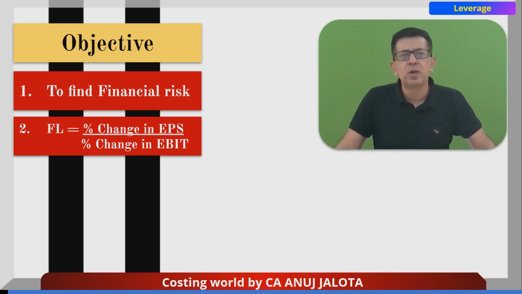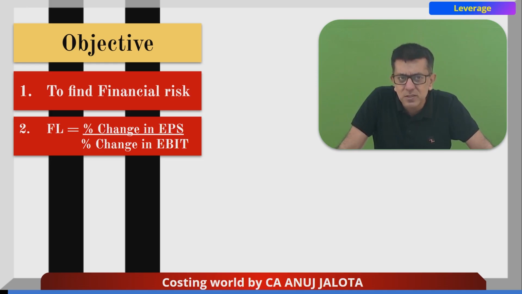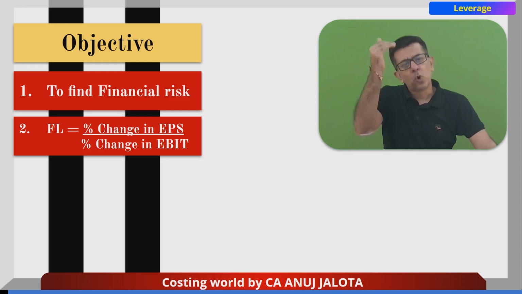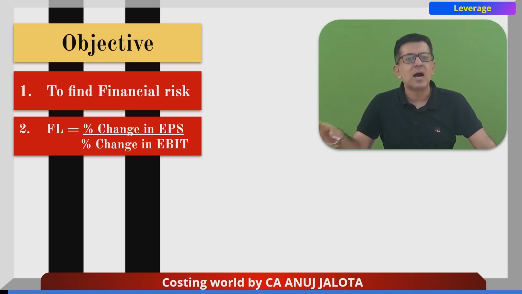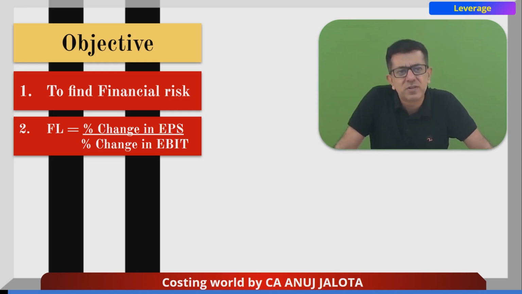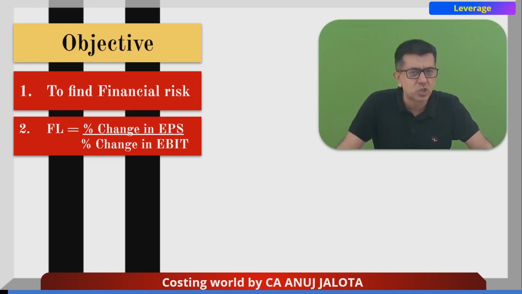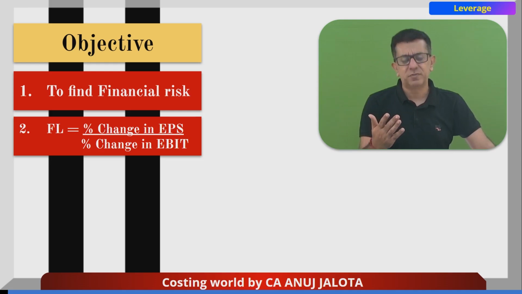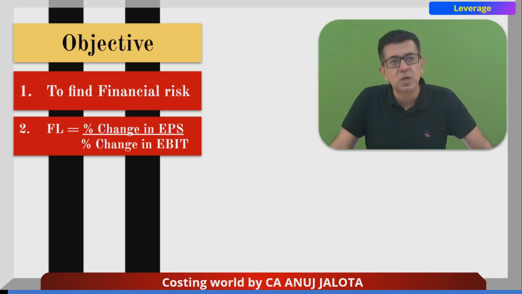Therefore, the formula becomes percentage change in EPS divided by percentage change in EBIT. Instead of EPS, you can take PAT also. Instead of PAT, you can take EBT also, because percentage change in all these will always be the same unless there is preference dividend. Now, this formula is the original formula, how leverage comes, how we started in your lectures.